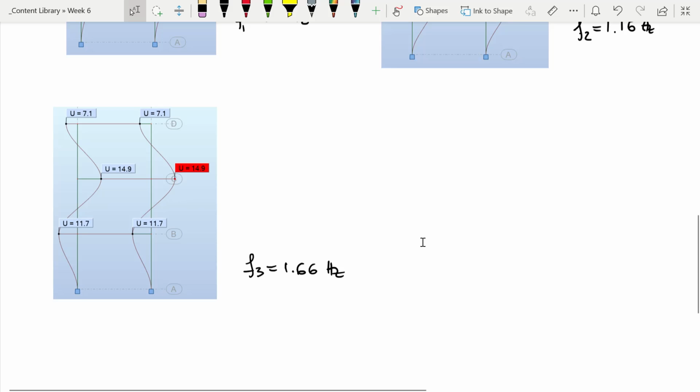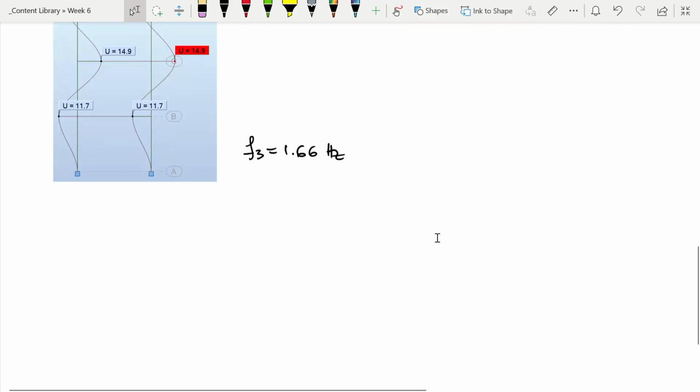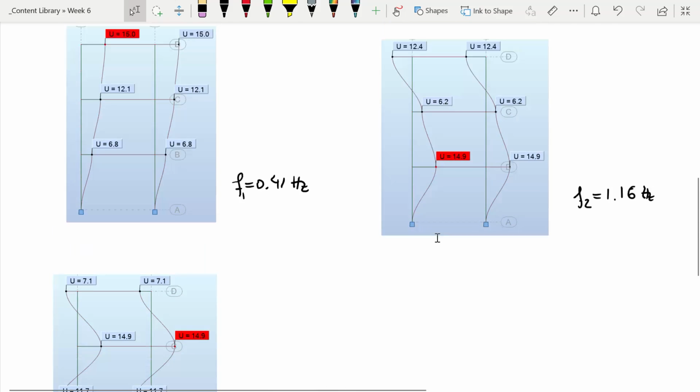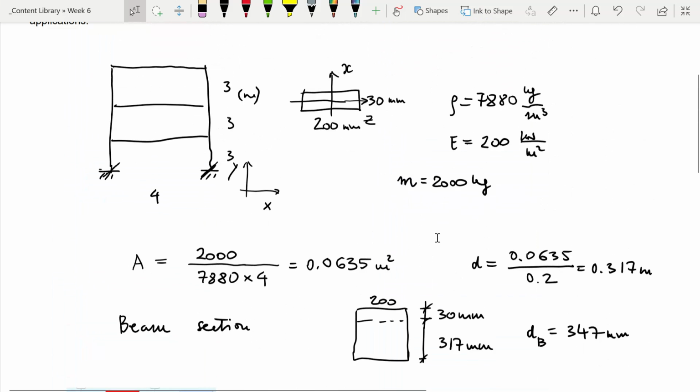Okay, so now we have these results from Robot. We can check them by hand calculations. First of all, we can form the mass matrix.